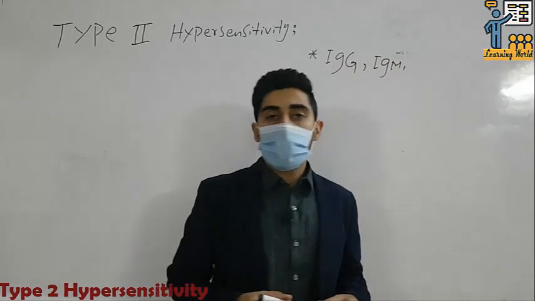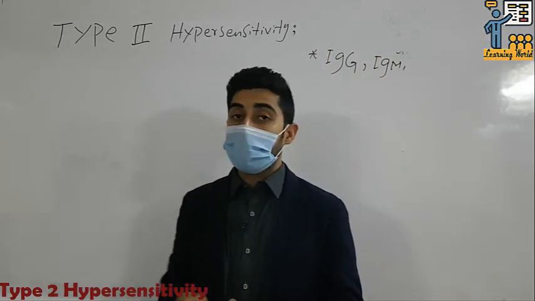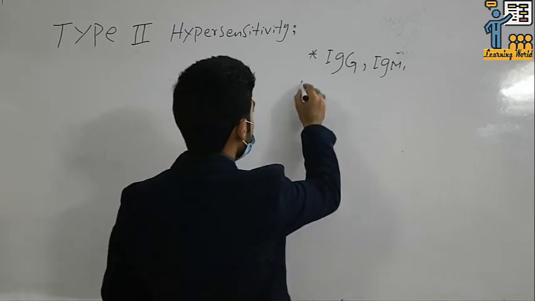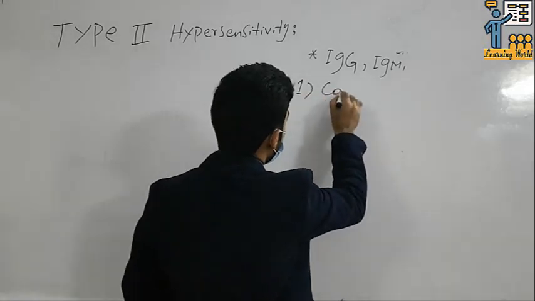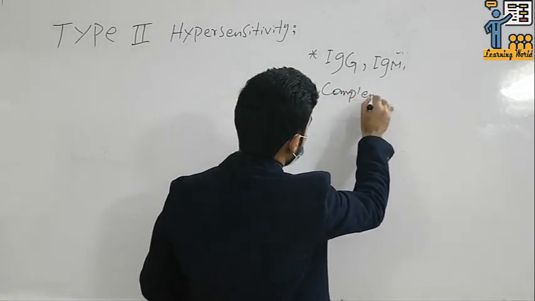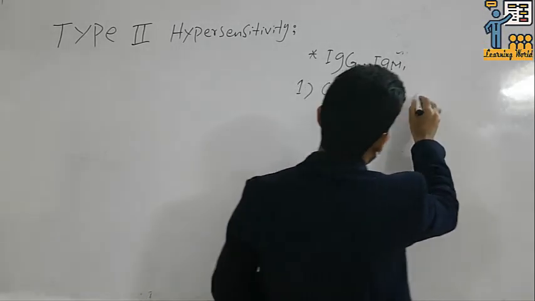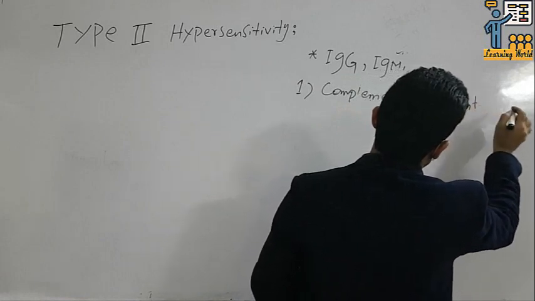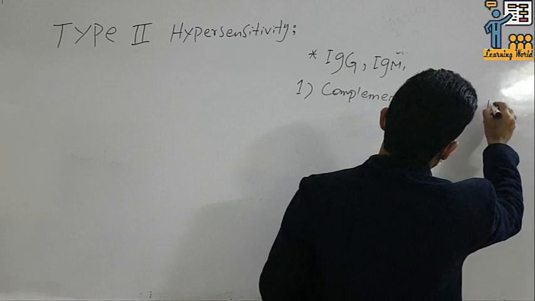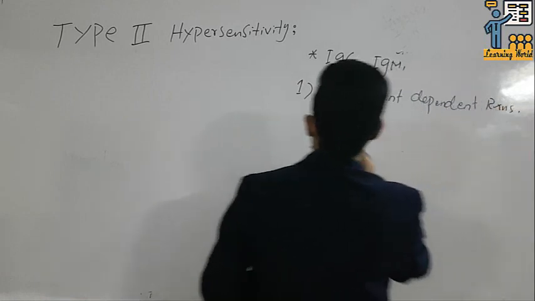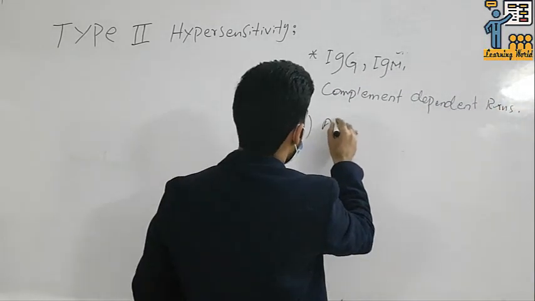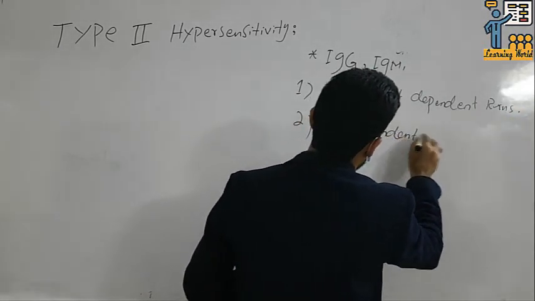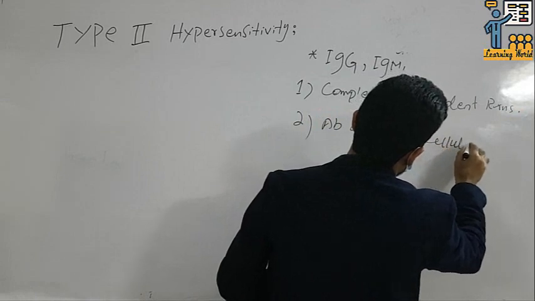There are two types of reaction that occur inside the type 2 hypersensitivity reaction. First is complement dependent reaction, and second is antibody dependent cellular cytotoxicity.